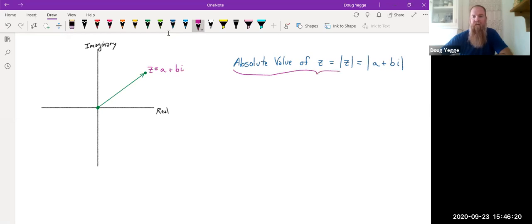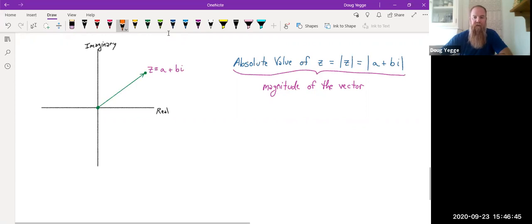So all this means right here is the magnitude of that vector. So when we refer to the absolute value of a complex number, what that's really saying is, how far is it from the origin? How far is it from 0, 0?